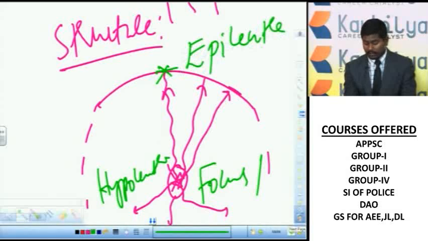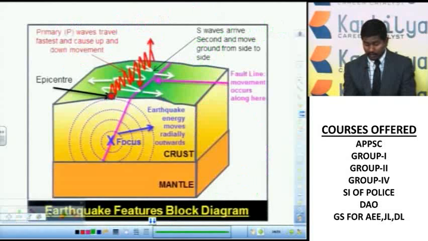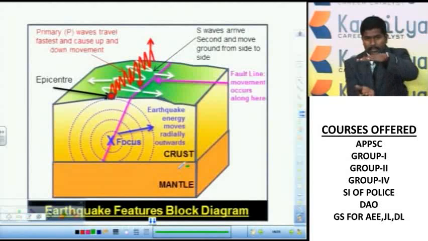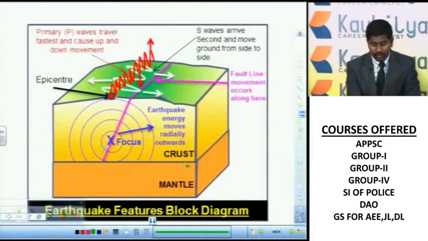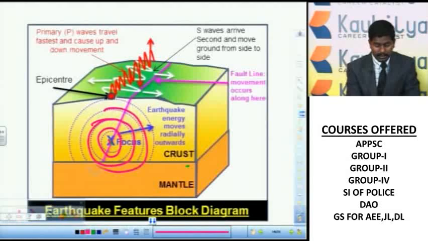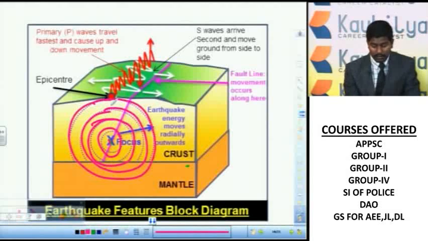So look at the picture here. This is inside the earth, and this is the crustal portion, below which is the mantle. Somewhere in the crust, some internal disturbance originates. This point is called the focus. From here, this vibrating energy moves in all directions, and finally it reaches the earth's surface. The energy gradually moves and comes to the earth's surface, and it reaches this place for the first time.